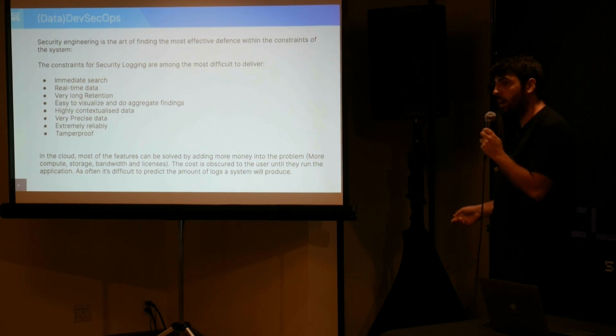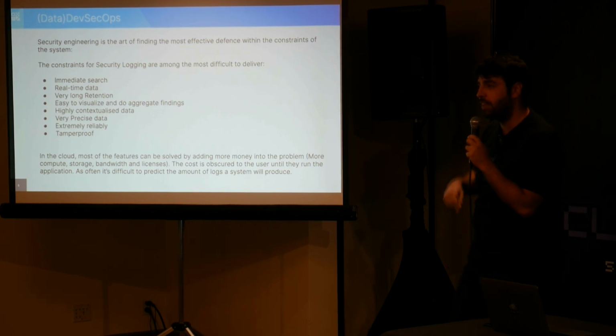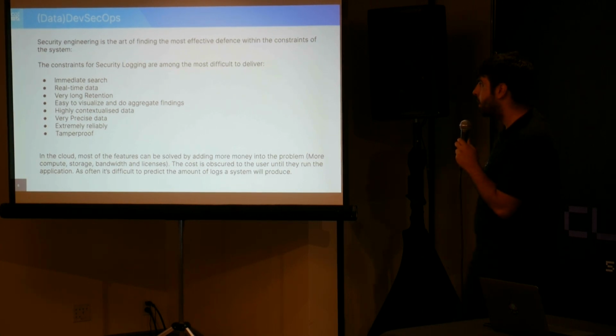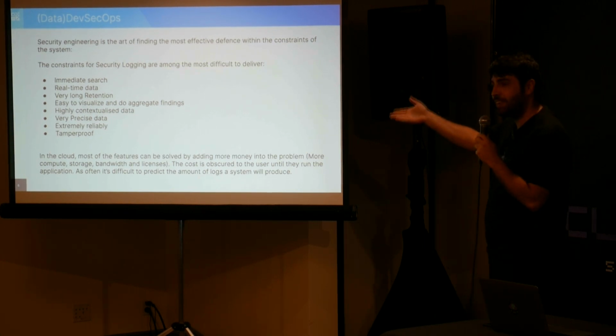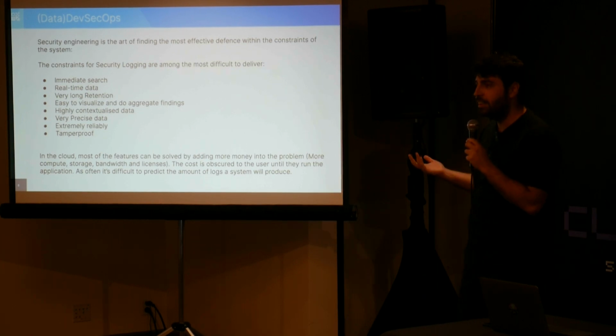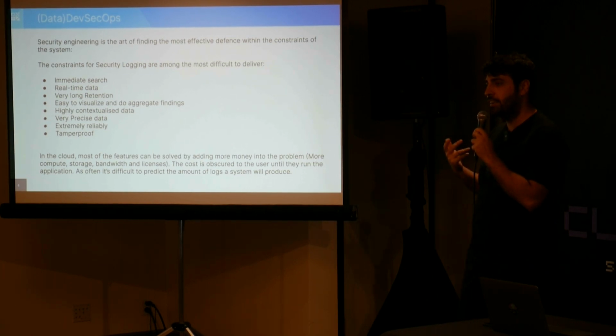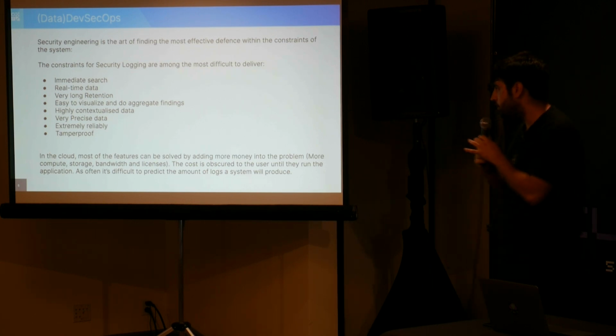It needs to be extremely reliable and tamper-proof, which means that you cannot take the shortcuts that other systems can. And also, it needs to be easy to use, visualize, and aggregate, because sometimes we data people forget that the data and the parameters that we build are for humans to use.